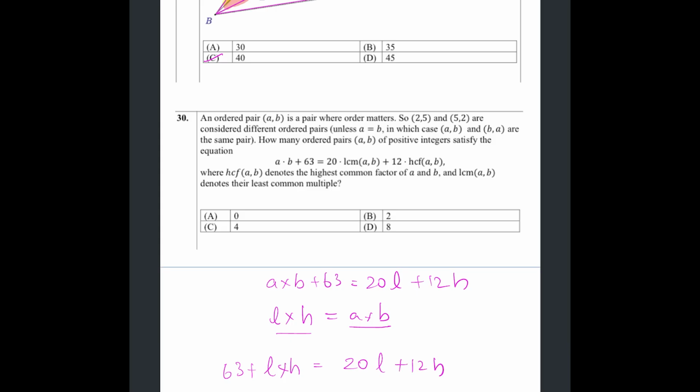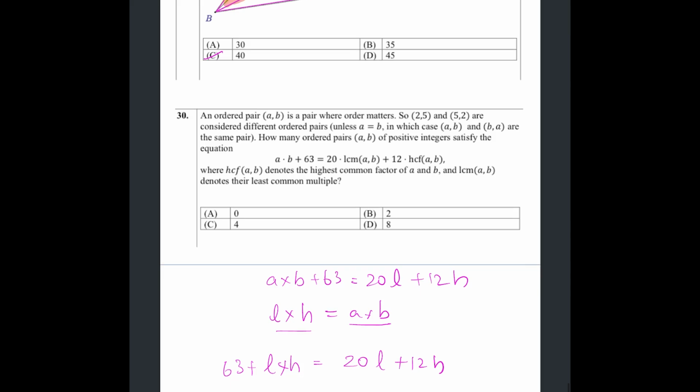We bring all the terms to one side, we get LH minus 20L minus 12H equals minus 63. When we send the 63 to the other side, we can add 240 to both sides. So LH minus 20L minus 12H plus 240 is equal to 240 minus 63.